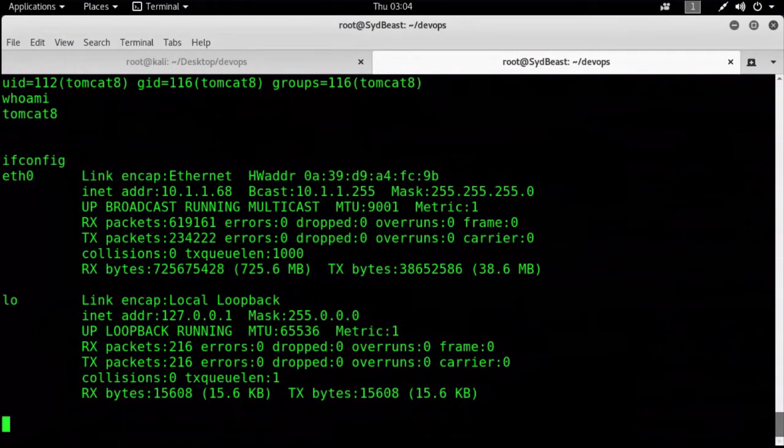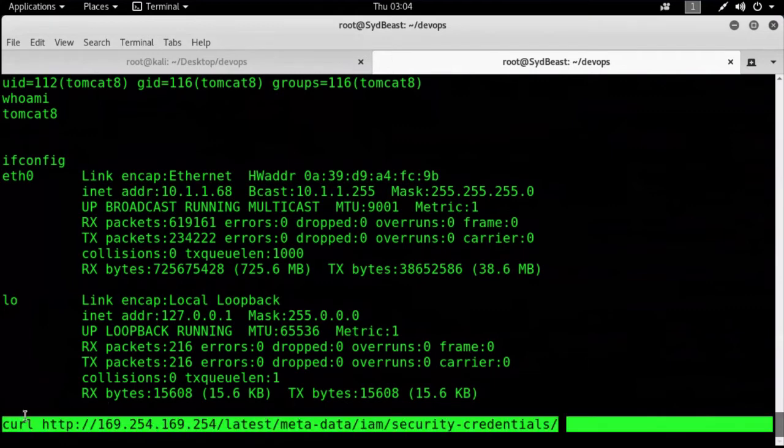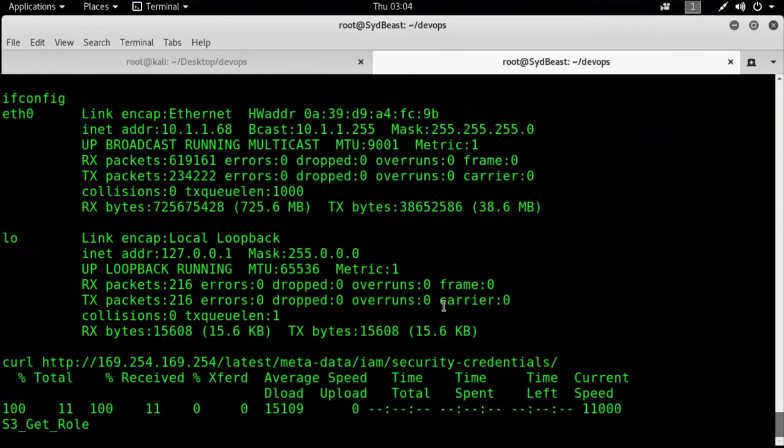One of the interesting things about this Jenkins server is that it's hosted in Amazon. What this means is that EC2 instances have what's called an IAM role that is typically assigned to them. The method that Amazon uses for EC2 instances to discover the role that they've been assigned is simply through querying a specially crafted URL that means something inside the Amazon network.